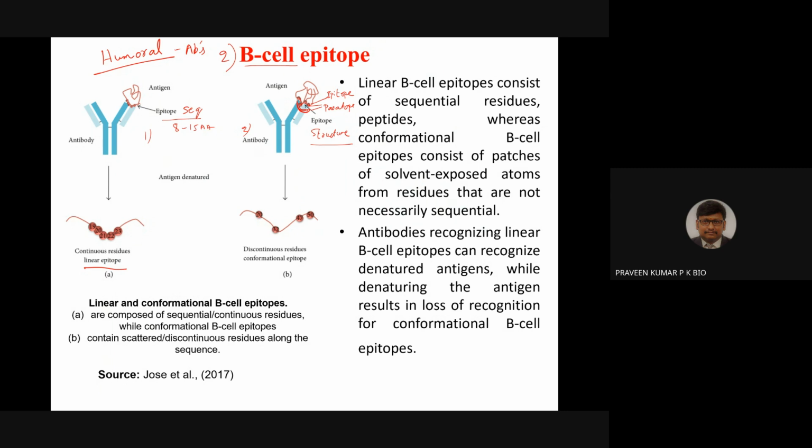So we are able to find the discontinuous residues. So we call this conformational, related to structure. Whatever conformational epitopes you design, this is more precise when compared to linear epitopes. A linear epitope is just informatics data, but this is more than informatics data.